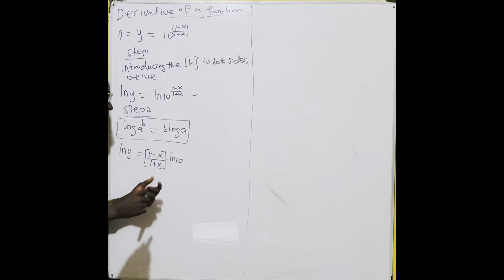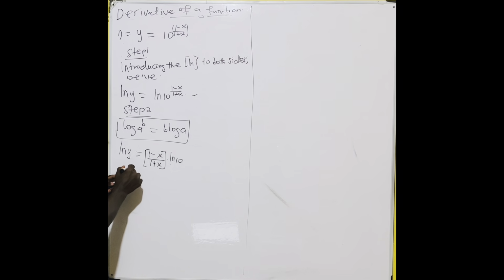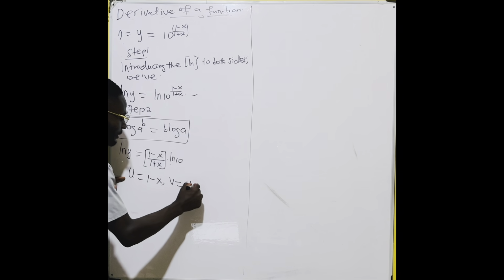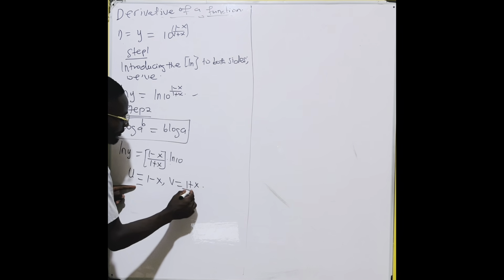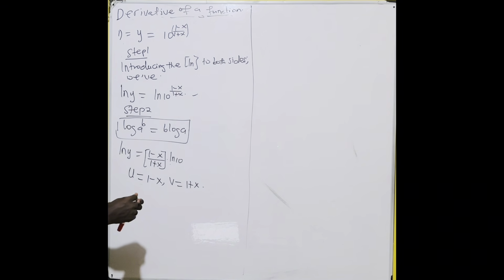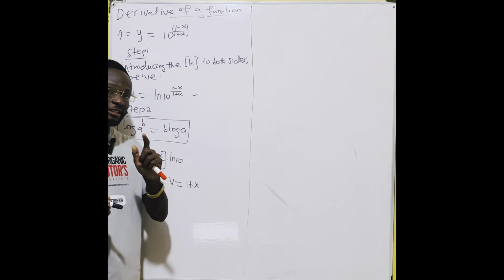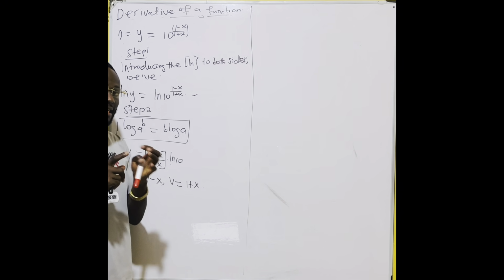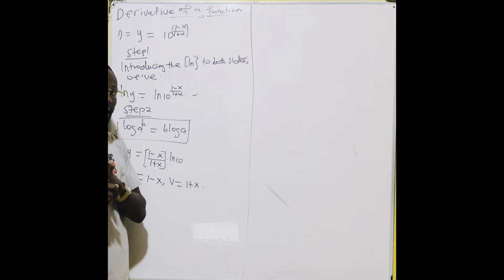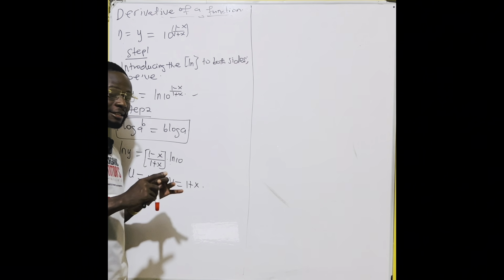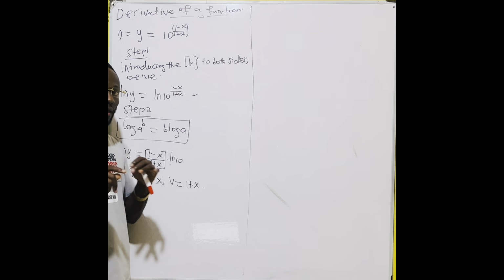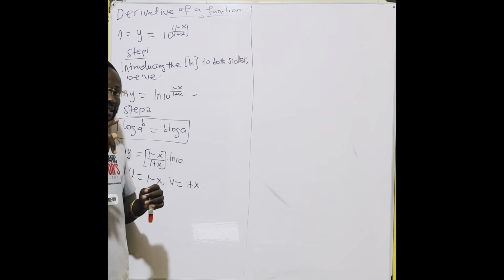Okay. Now we can see that we have two functions that are dividing, right? That is u equals 1 minus x and v equals 1 plus x, the first function and the second function. The quotient rule says that if you have two functions that are dividing, then first differentiate the first function, keep the second function, minus maintain the first function, differentiate the second function, all divided by the square of the second function.